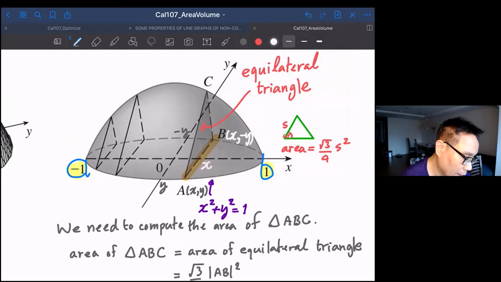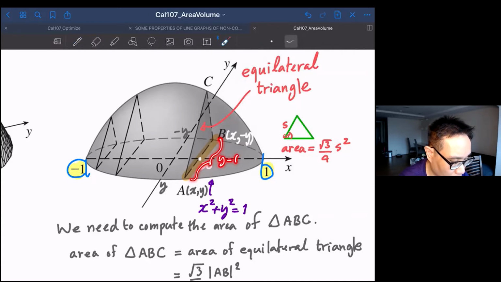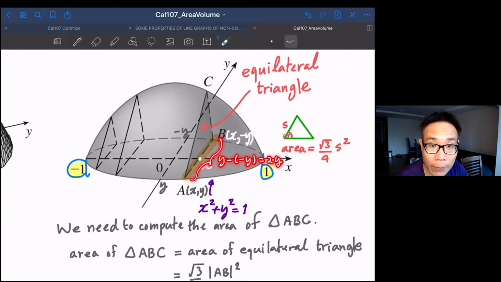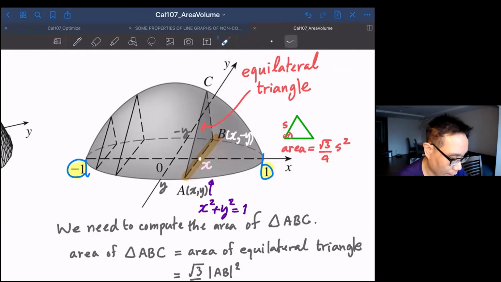So what will be the length of AB? The length of AB turns out to be 2y, because this part has length y, and this part has the same length by symmetry, so you add them up and get 2y.